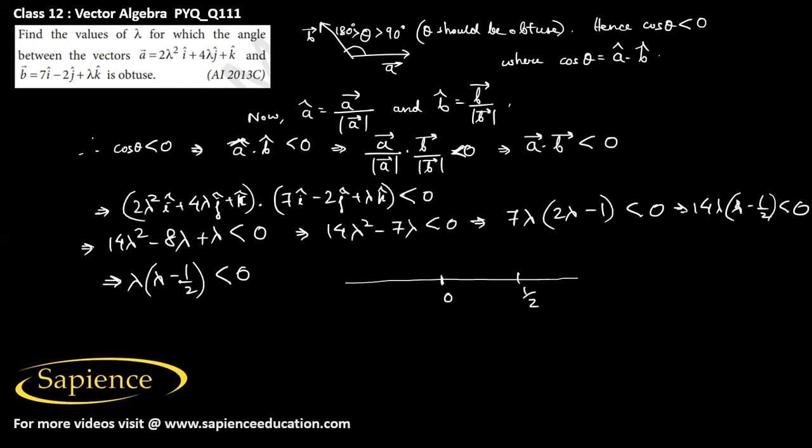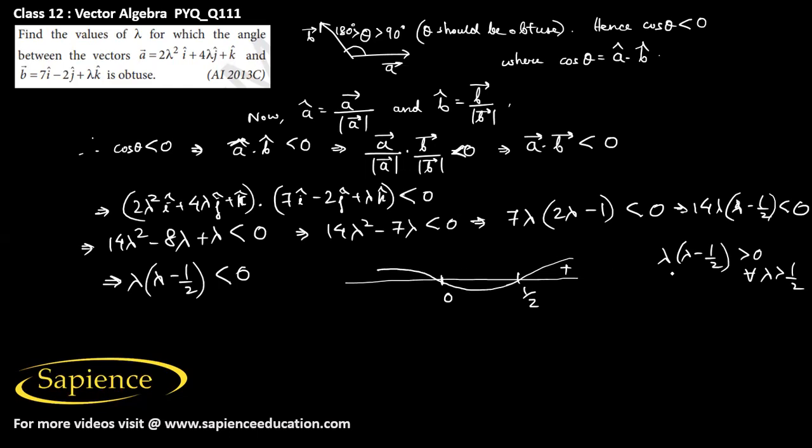For all values of lambda greater than 1 by 2, the expression lambda into lambda minus 1 by 2 will be greater than 0. So in this part it will have a positive value.